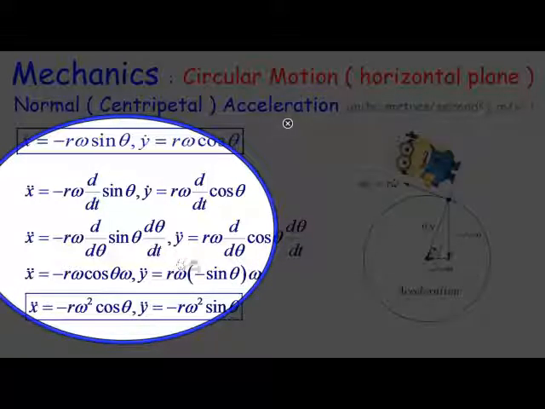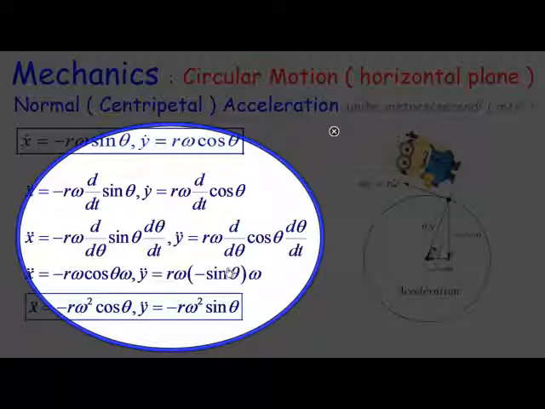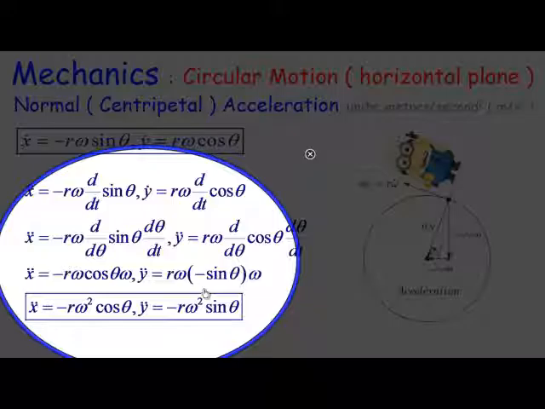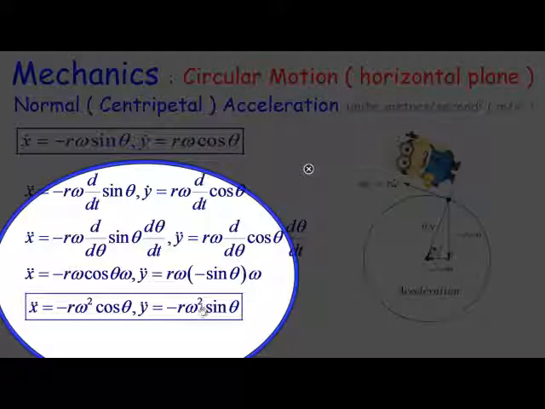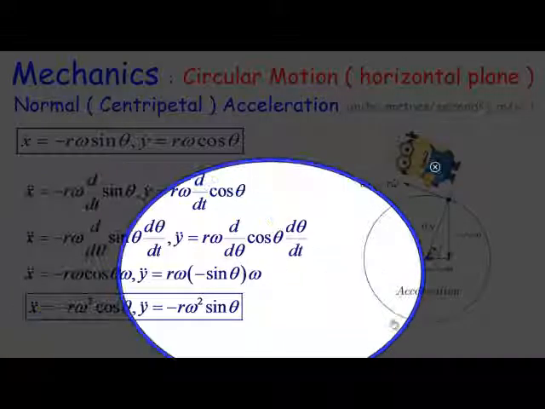We do the same for y double dot, and because it's minus sine, we end up getting that x double dot is equal to negative r omega squared cos theta, and y double dot is negative r omega squared sine theta, basically both acting in a negative direction here.